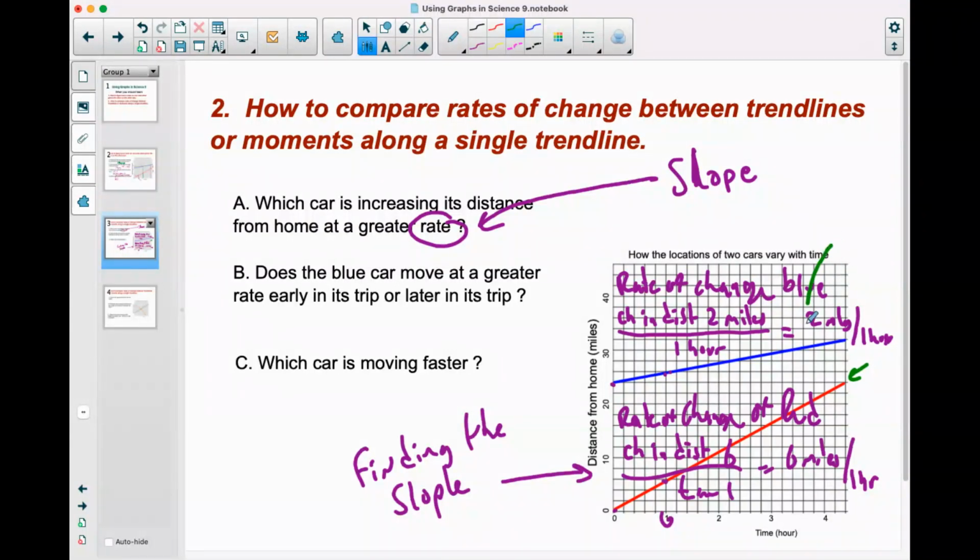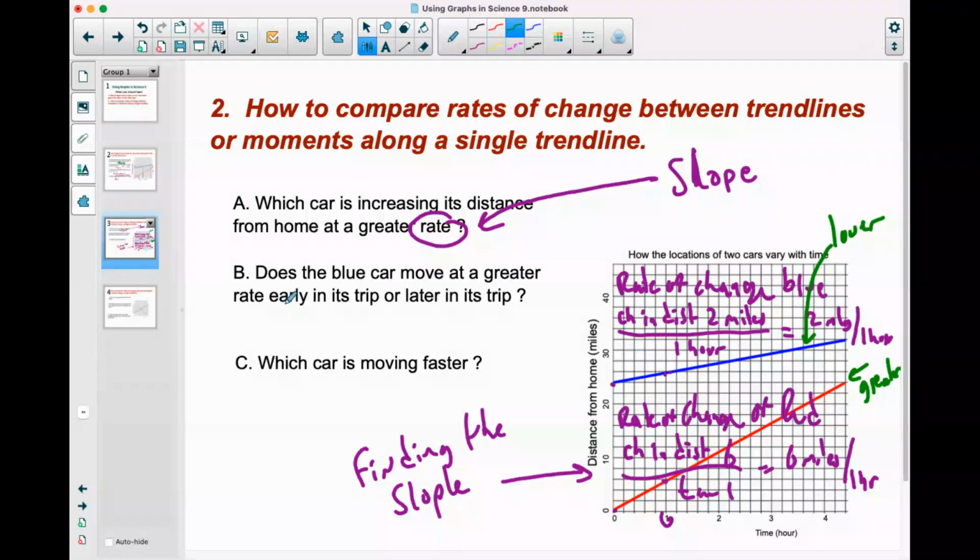Whereas if it has a shallower slope, it's going to be a lower rate of change. So you could do a calculation like this to determine which is greater, but I would much rather have you connect the word rate to slope. That way it becomes pretty visual to see which one's steeper, and that's the easiest way to tell.